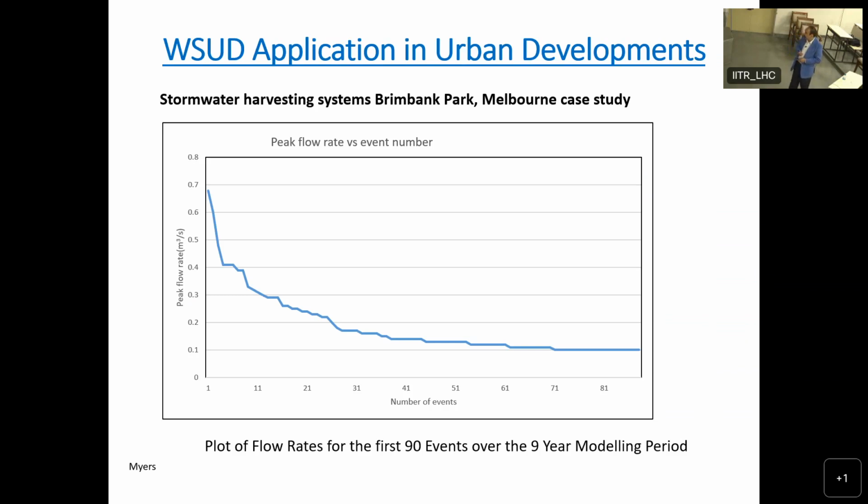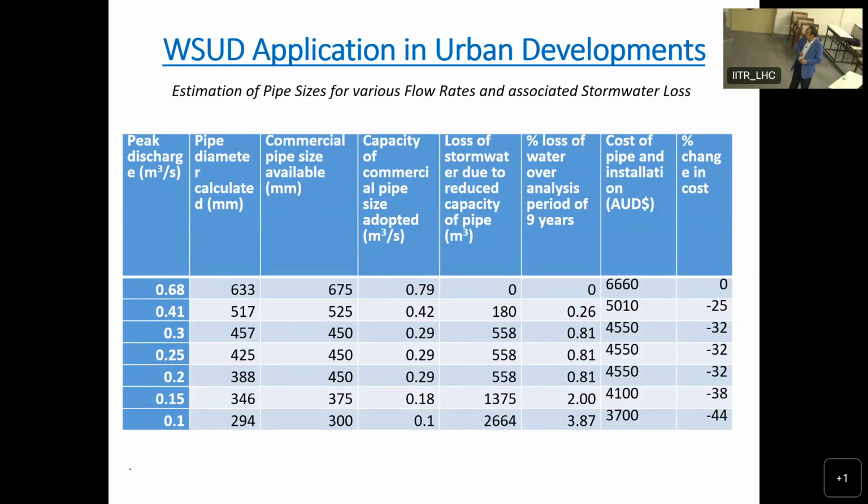So by taking this 0.8, the size came roughly around the commercial pipe size, which we got as 0.67 millimeter, for taking water from the catchment to the rainwater storage tank.